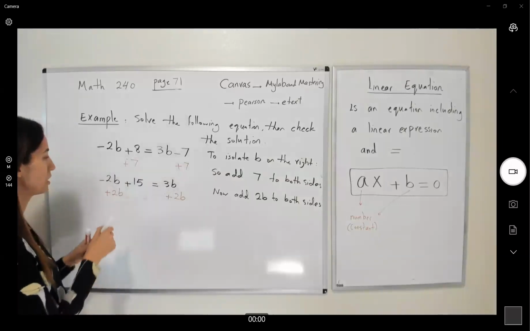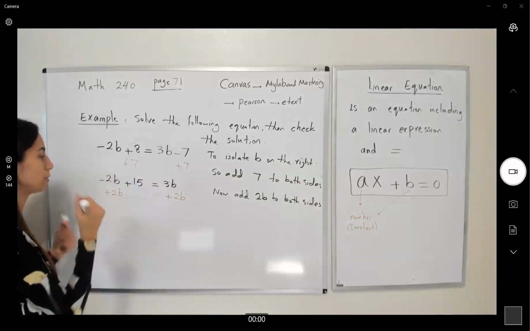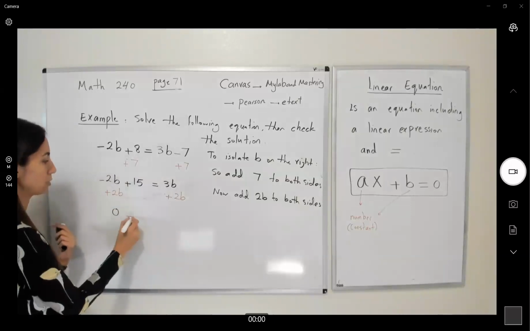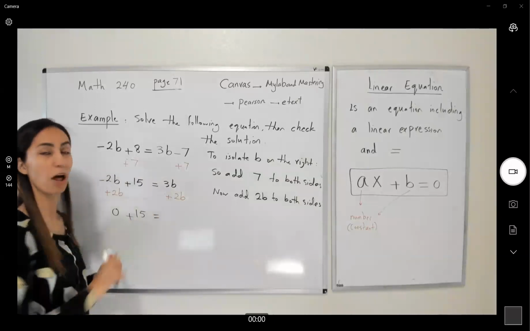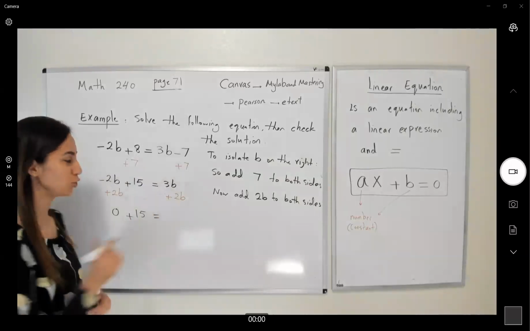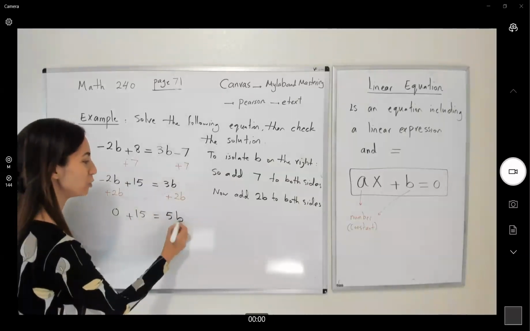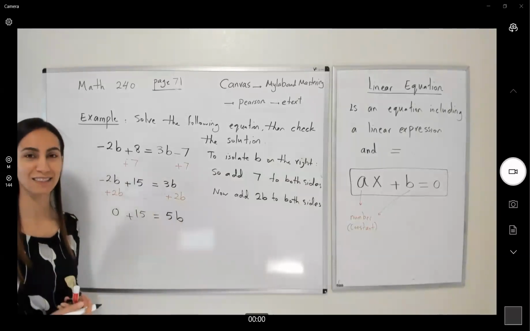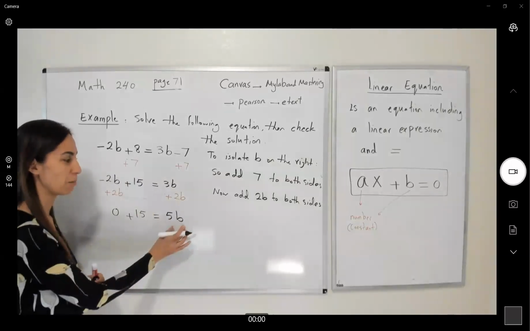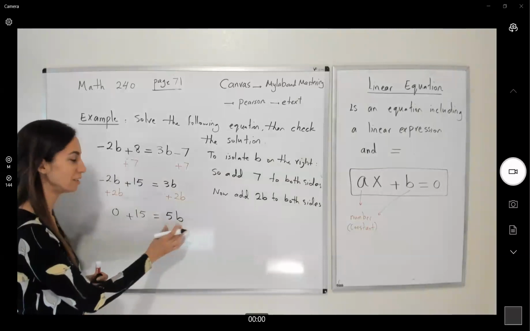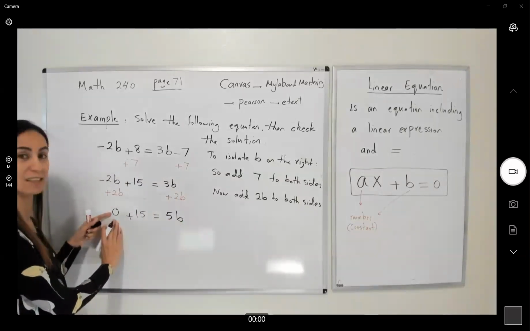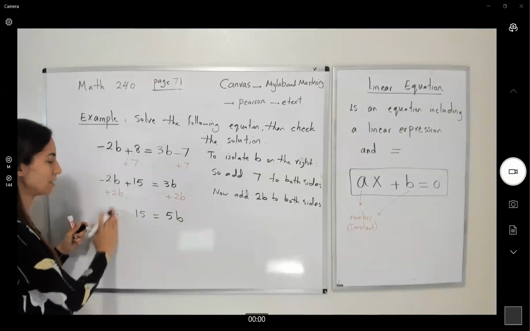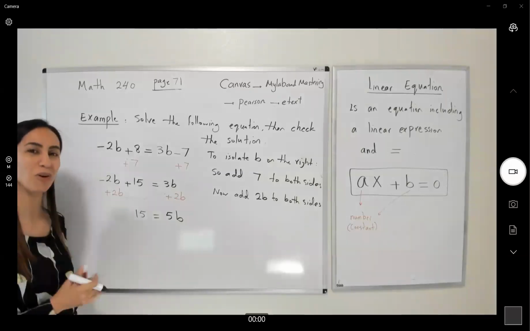So negative 2b plus 2b is equal to 0, plus the constant 15, equals, you have like terms, 3b plus 2b is 5b. Excellent. So I have my variable on one side, I have a constant on the other side. Again, since it's 0 plus a constant, we can just ignore 0.